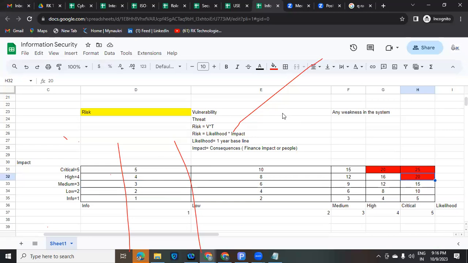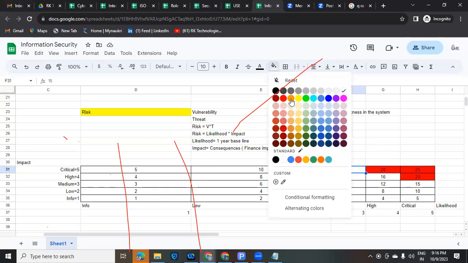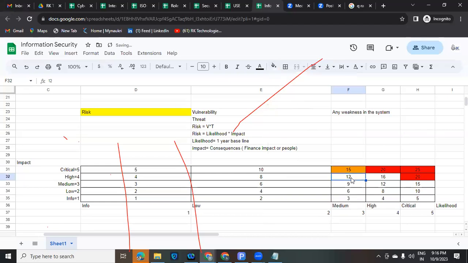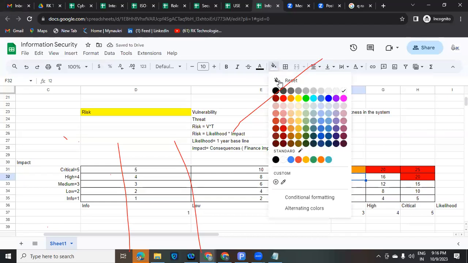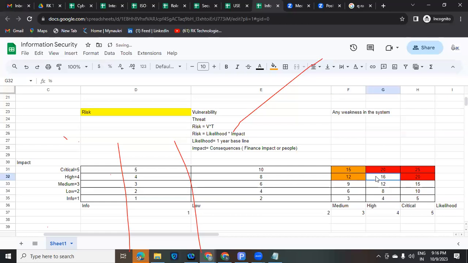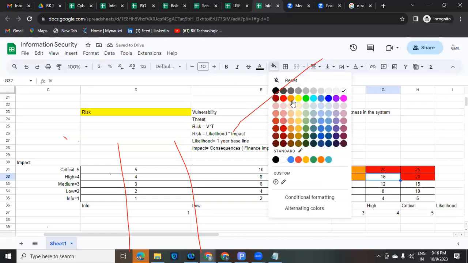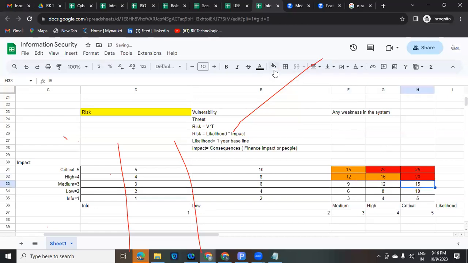So that one we can call a critical risk score. Next one you can consider 15, so I'll put brown, orange: 12, 16, 15, and also 12.